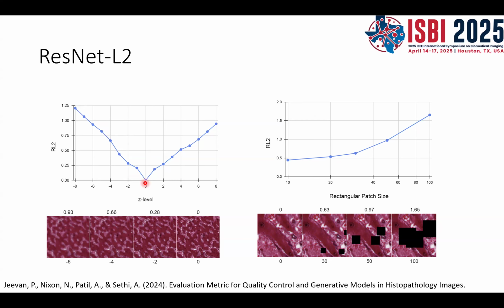The RL2 metric is able to capture that degradation pretty well. Also with other degradations like patch degradation, which often occurs in histopathology images, the metric is able to follow it monotonically with increasing noise. The model metric is also increasing monotonically.